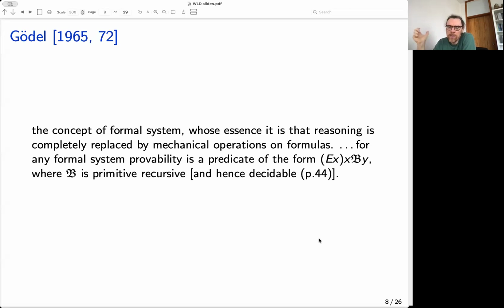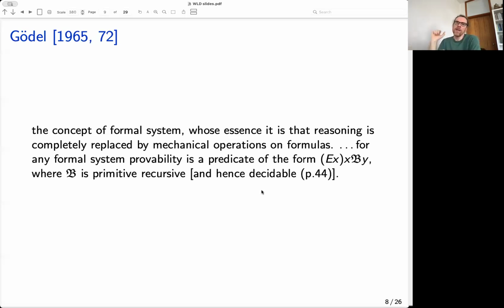So this decidability of the relation, X is a proof of Y, is crucial to Gödel's first incompleteness theorem, which is one of the most central results of formal logic as we know it.